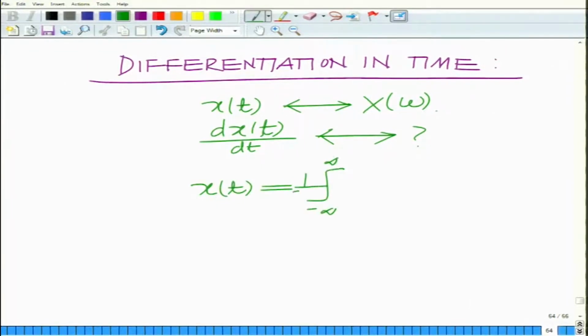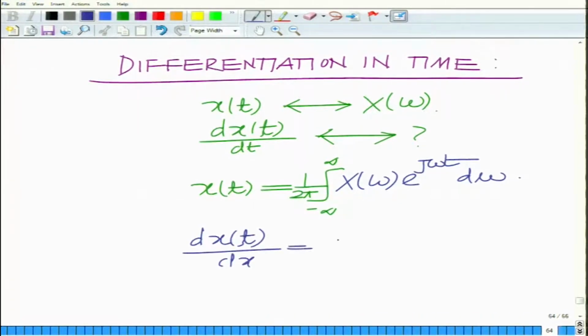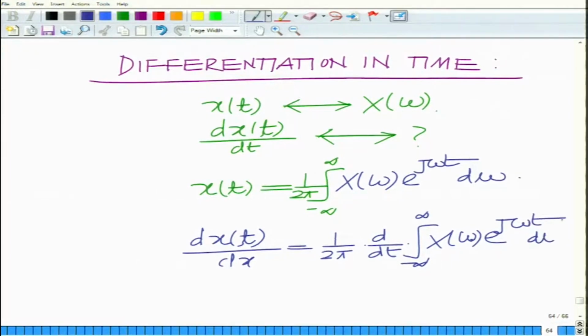This is 1 over 2 pi, integral from minus infinity to infinity of X(omega) e raised to j omega t d omega. So dx(t)/dt equals 1 over 2 pi d/dt of the integral from minus infinity to infinity of X(omega) e raised to j omega t d omega.